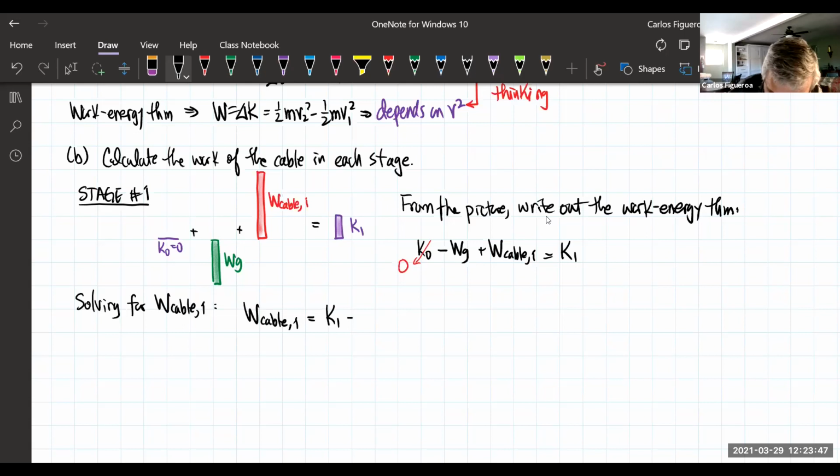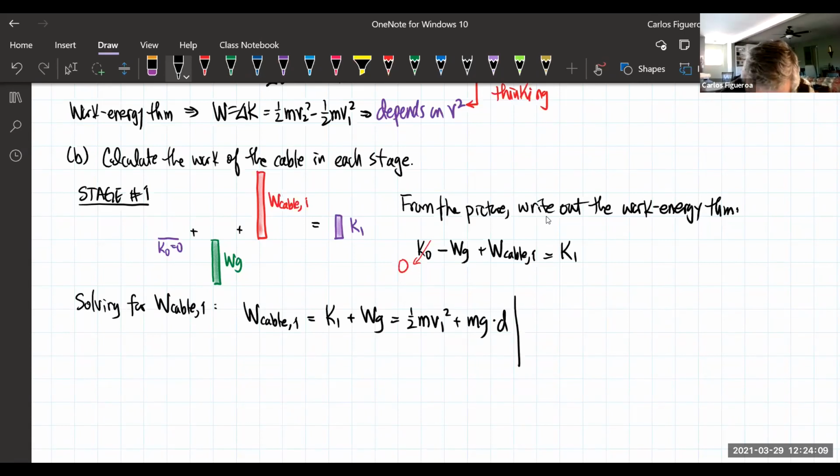The kinetic energy plus the work of gravity. But wait a minute, I know how to calculate the kinetic energy and the work of gravity, because this is going to be 1/2 mv1 squared plus the work of gravity times my height change.